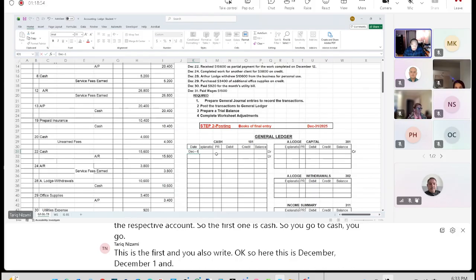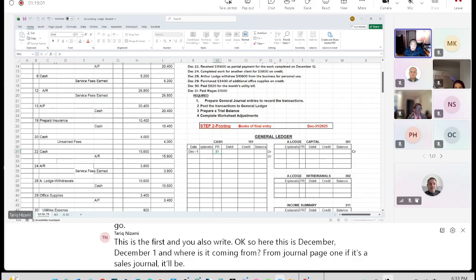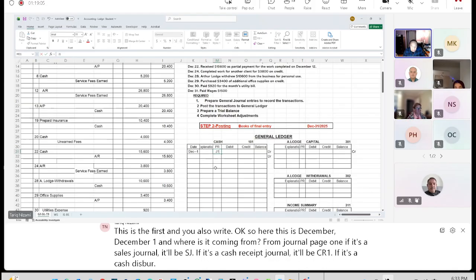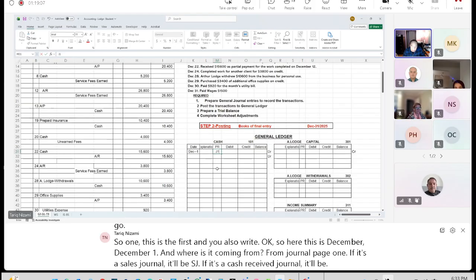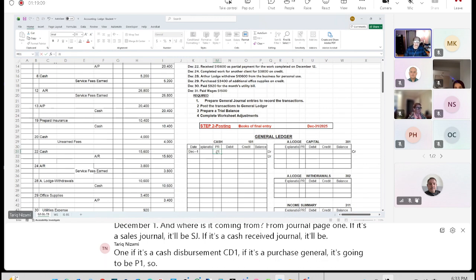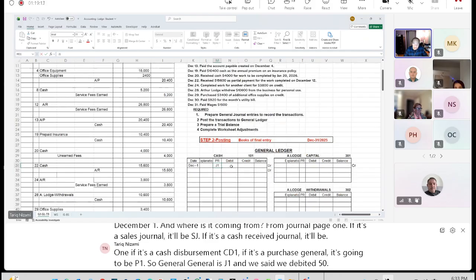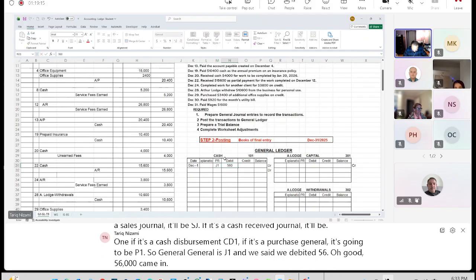And where is it coming from? From journal page 1. If it's a sales journal, it will be SJ. If it's a cash receipts journal, it will be CR1. If it's a cash disbursement, CD1. If it's a purchase journal, it's going to be P1. So general journal is J1. And we said we debited 56,000 came in.